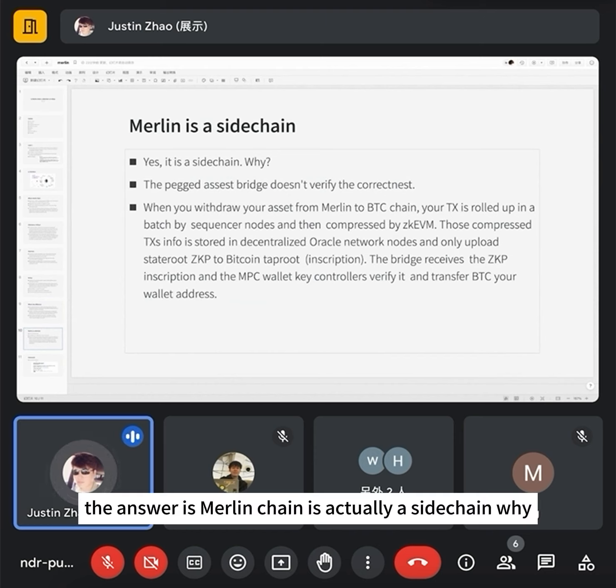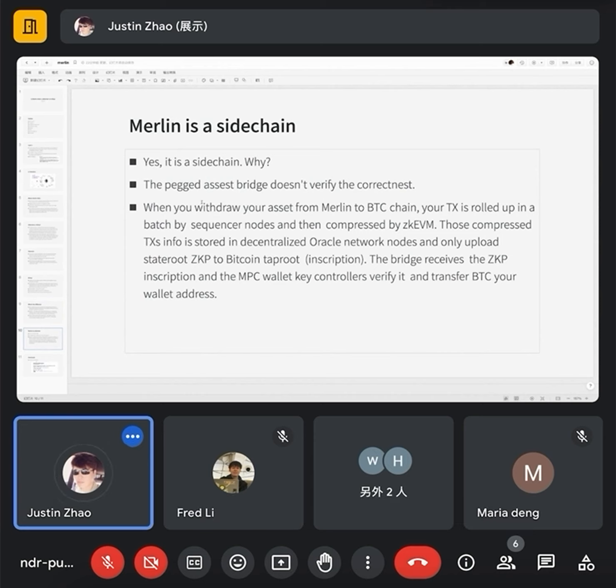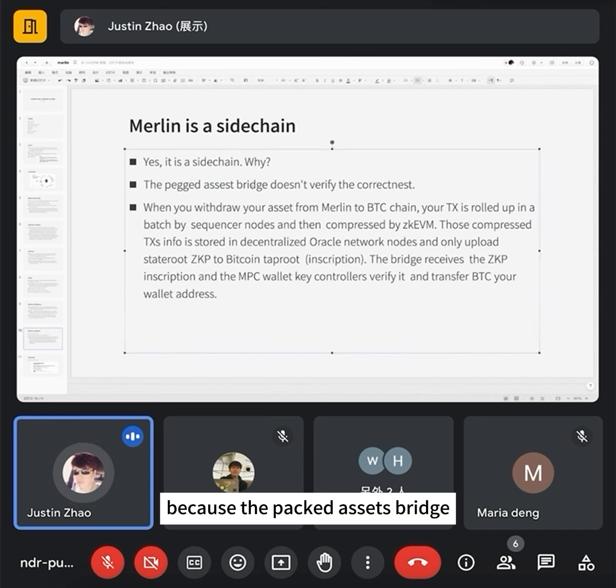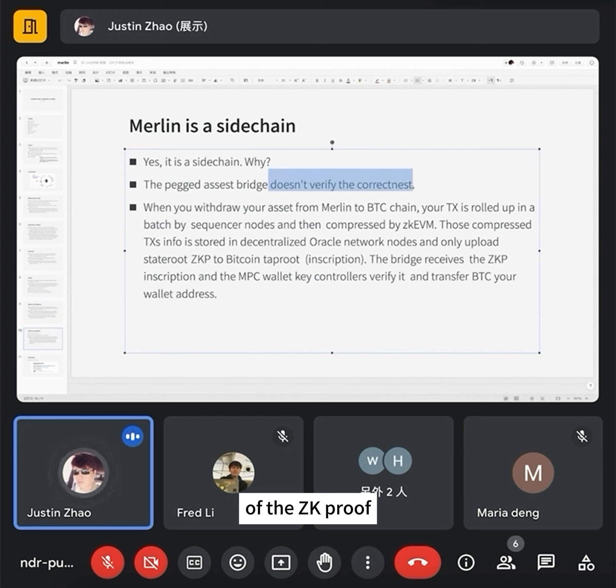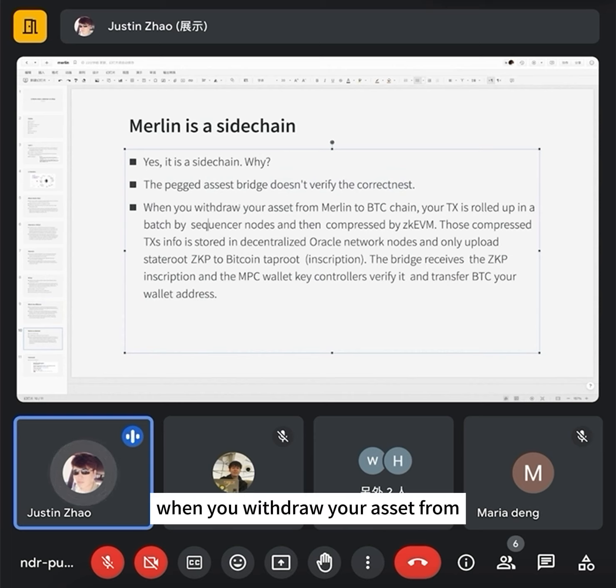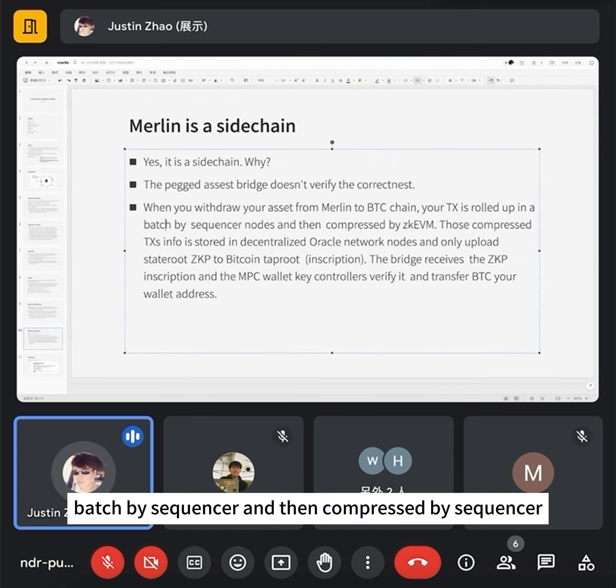The answer is Merlin chain is actually a sidechain. Why? Because the pegged asset bridge does not verify the correctness of the ZK proof. So who verifies? Let's see the workflow. When you withdraw your asset from Merlin chain to BTC chain, your transaction is rolled up in a batch by the sequencer and then compressed by ZK EVM.